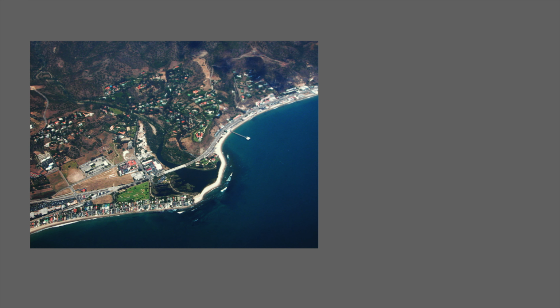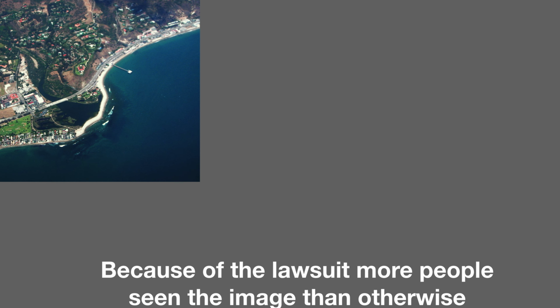This was named after Barbra Streisand, after her home got leaked by a photographer that was taking photos of the Malibu coast. She decided that it would be a good idea to sue the publisher. Problem was, because of the lawsuit, more people saw the image than would have seen it otherwise without her suing. This is because, before the lawsuit, only 6 people downloaded the image, 2 of which were her attorneys.